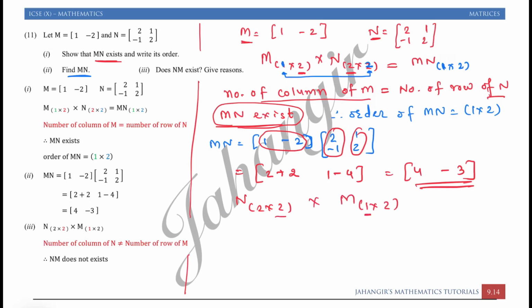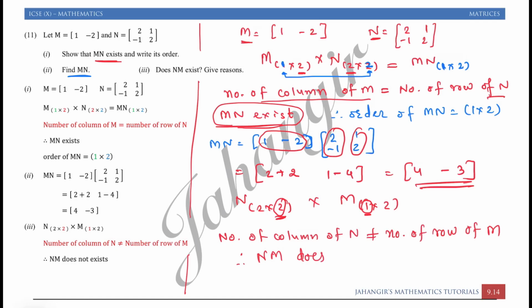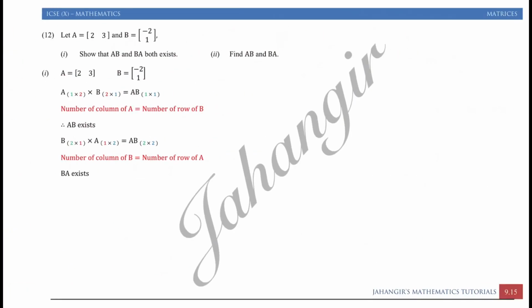So here the number of columns of N is not equal to the number of rows of M. Therefore NM does not exist. Okay? In this way you can solve.